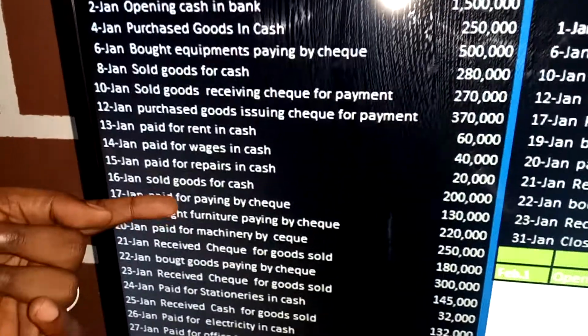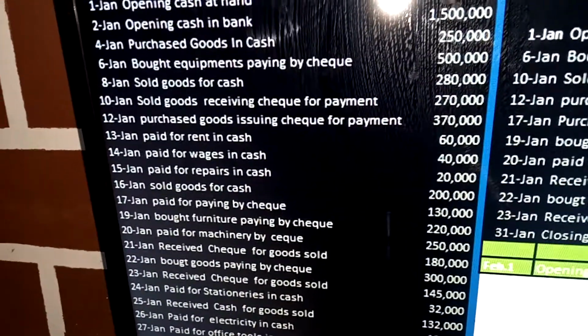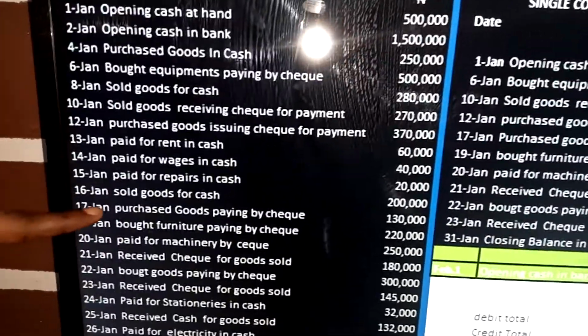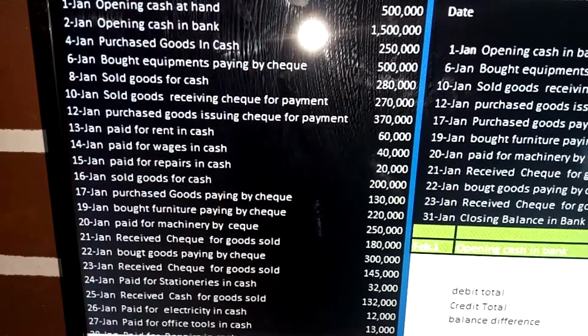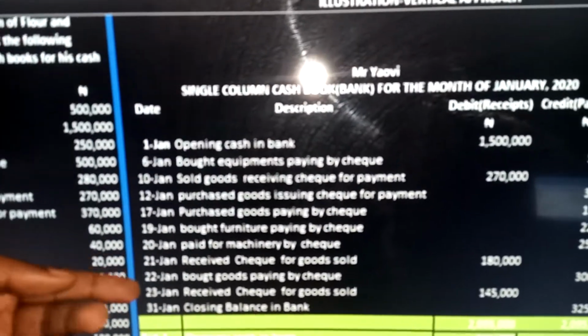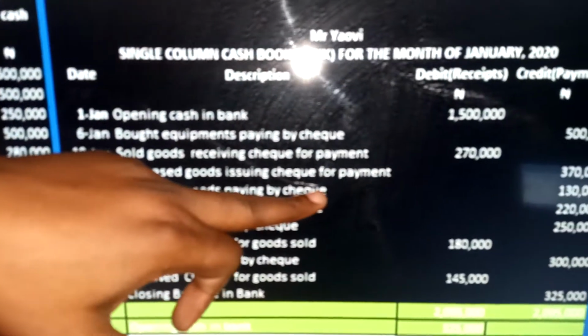Okay, now 17th, paid for paying. Pause. So, on the 17th January, purchase goods, paying by check. It is related to bank transaction. So we say 17th, purchase goods, paying by check.